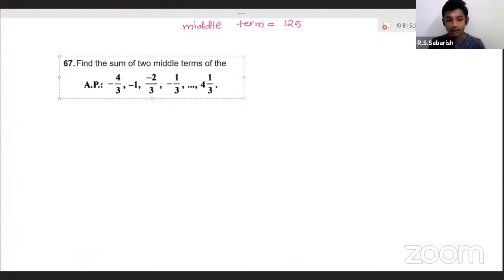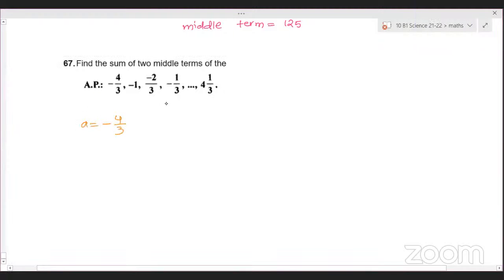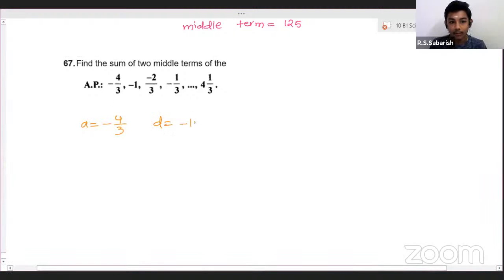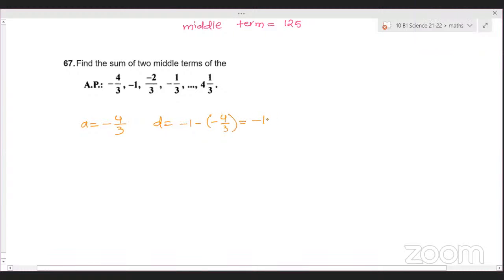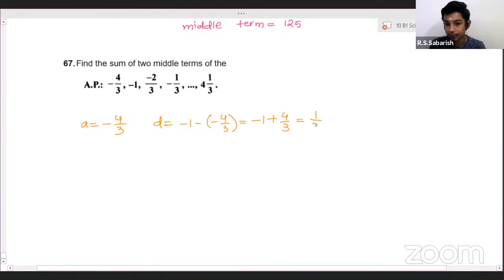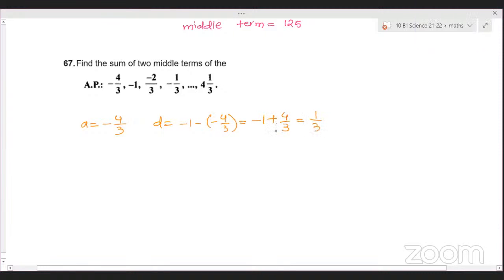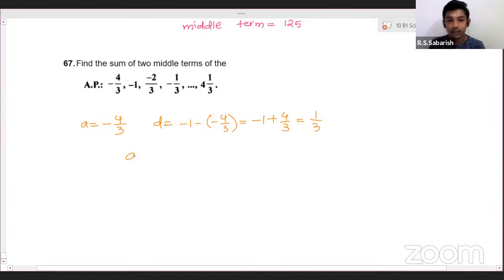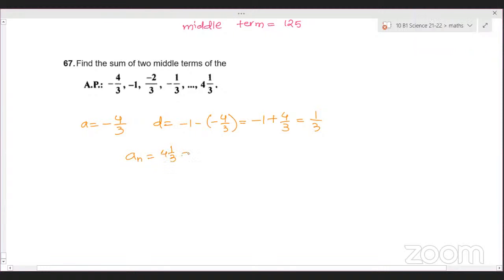Yes, ma'am. A is equal to minus 4 by 3, and D is equal to minus 1 minus of minus 4 by 3, which is plus 4 by 3. Minus 1 plus 4 by 3, which is 1 by 3, right? And A of n is equal to 13 by 3, ma'am.